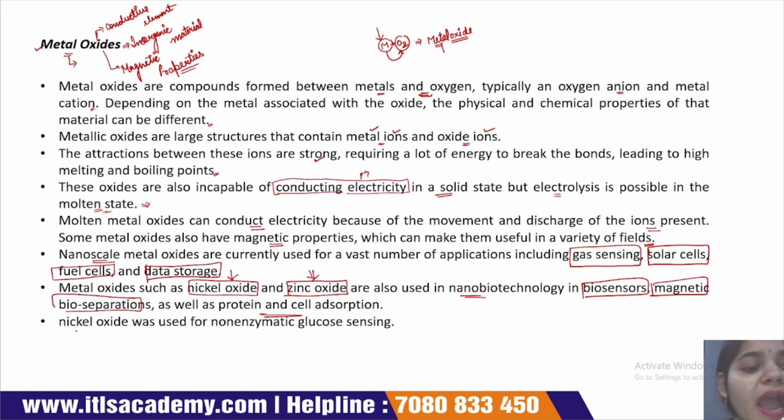Nickel oxide is a metallic oxide of nickel, and zinc oxide is a metallic oxide of zinc. Nickel oxide plays a most important role in non-enzymatic glucose sensing.